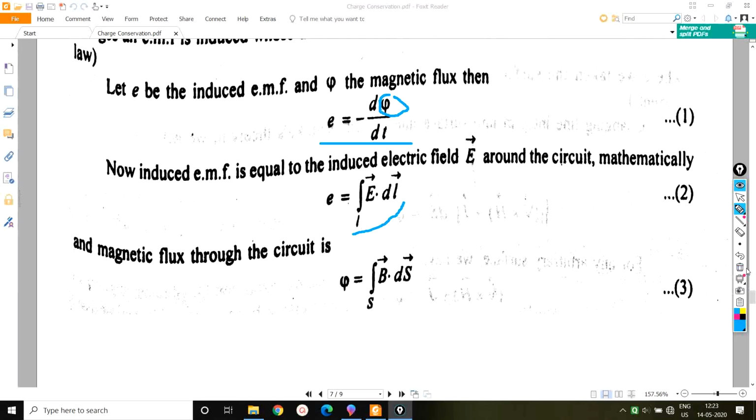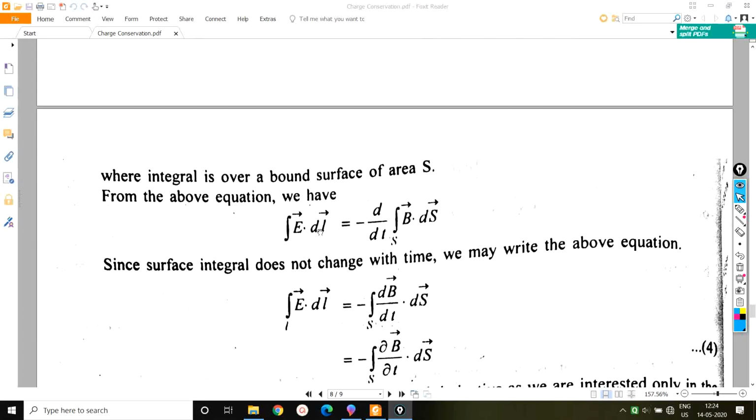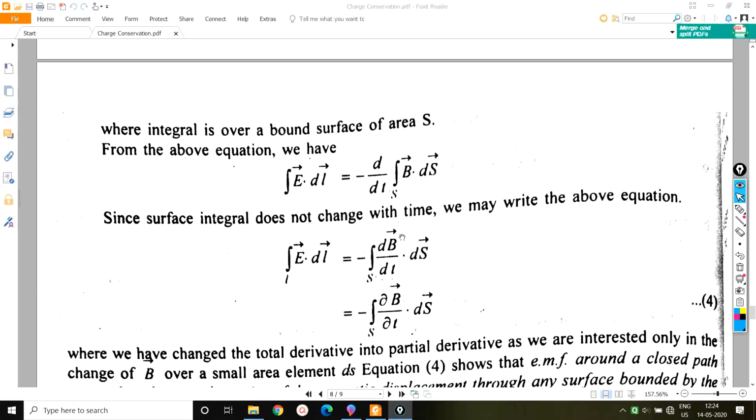By doing so, you get E dot dl, which is your induced EMF, equal to minus d dt of B dot ds. We can put this d dt inside the surface integral, because the surface is not changing with time. So I can write minus surface integration of dB dt dot ds.